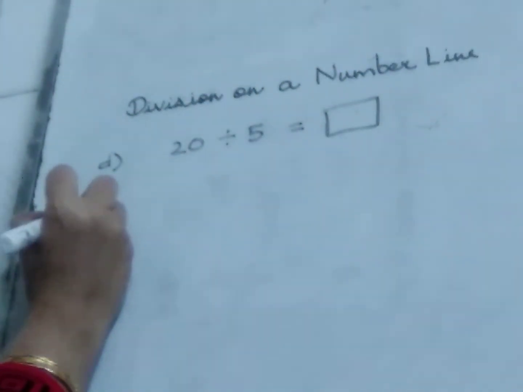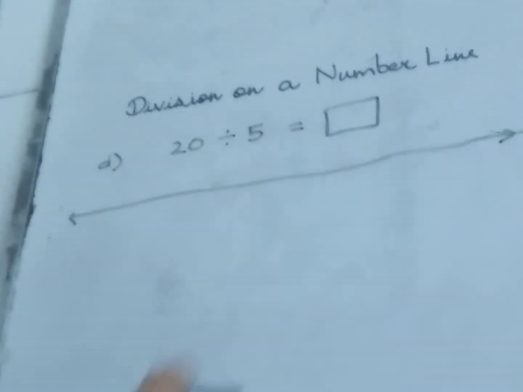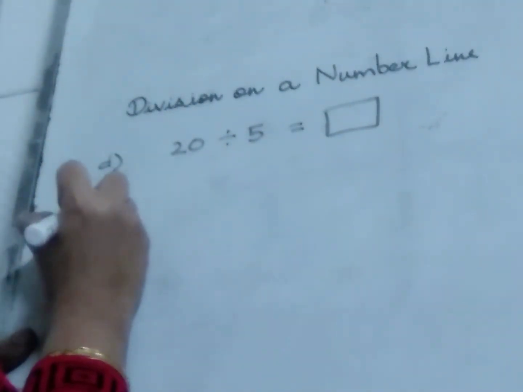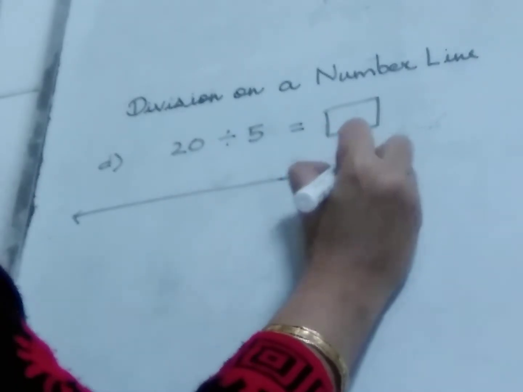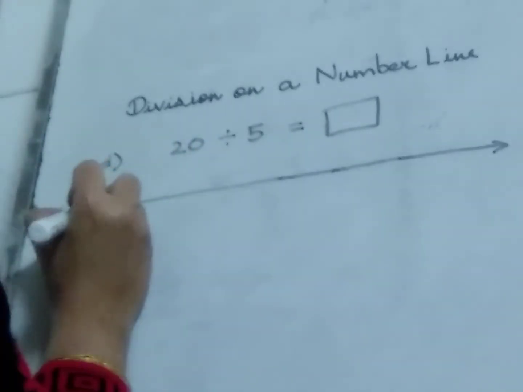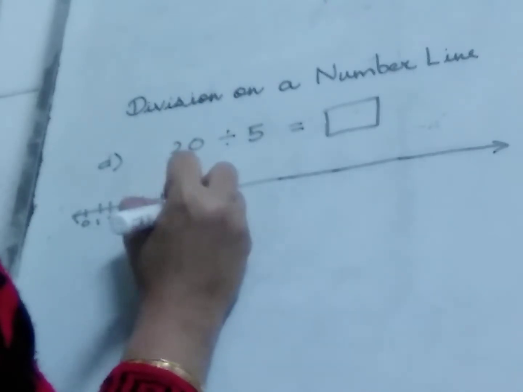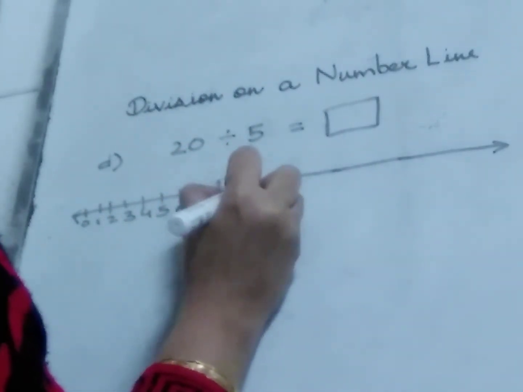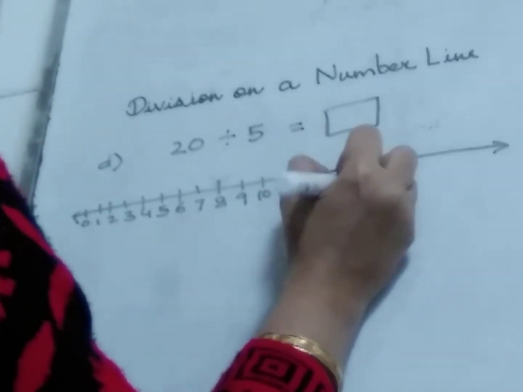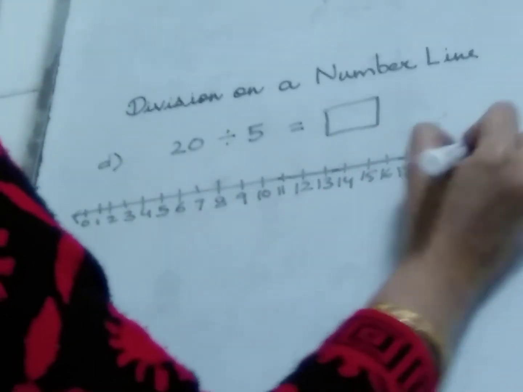Again make a number line here. 1, 2, 3, 4, 5, up to 17, 18, 19 and 20.